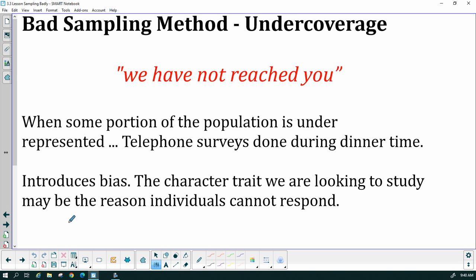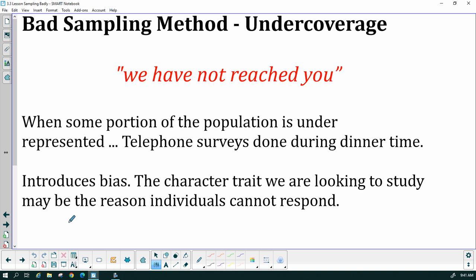Some of these are similar, which is why I have these sort of like red quotes. So the bad sampling frame is that we haven't considered the people. Undercoverage is we have not been able to reach out to certain people. And so we want to make sure that when we're doing our surveys, when we're trying to reach out to people, that we're doing it at an appropriate time.